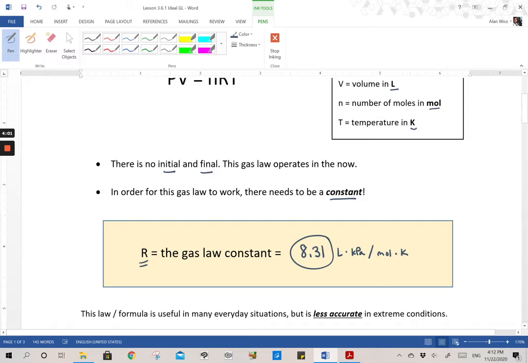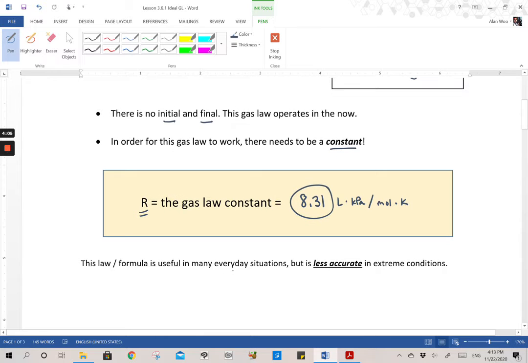Now, the gas law itself is fairly useful in everyday situations, but it's not as accurate under extreme conditions. We'll never encounter these extreme conditions, or at least it's not likely. If we wanted to take the pressure of a gas on the surface of the sun, where it's very, very hot, that would be an extreme condition.